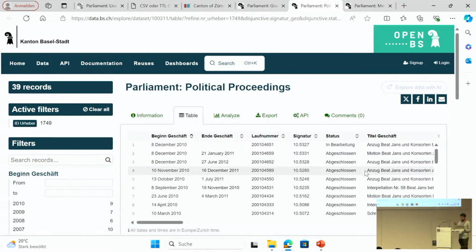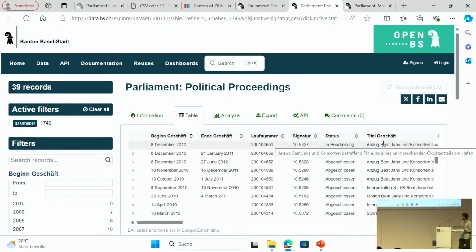We can also see what proceedings are ongoing and which are probably already closed and handled upon. This one probably gets voted on if it's this long in the parliament. This is Anzug Beat Jans und Konsorten betreffend Planung eines bahnbrechenden Ökostadtteils am Hafen. So they want to do some ecological thing on the harbor.